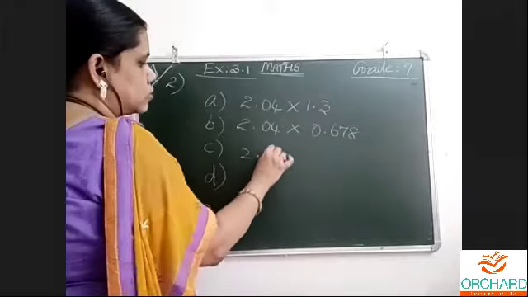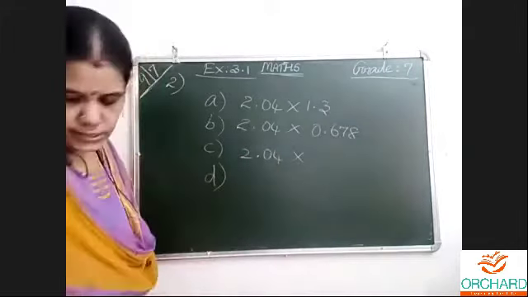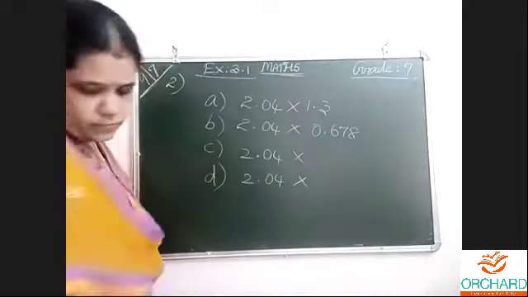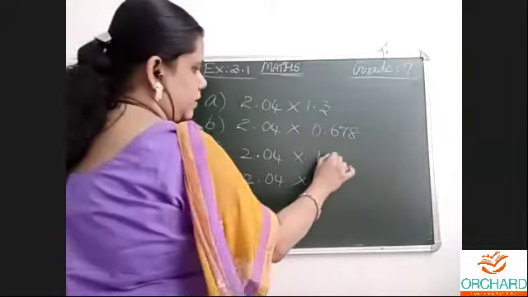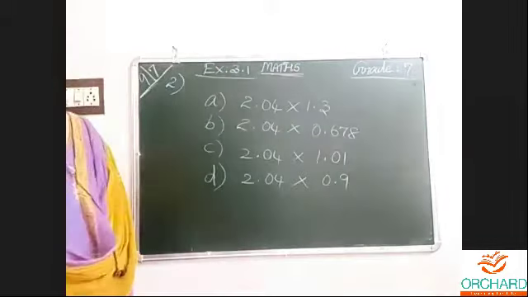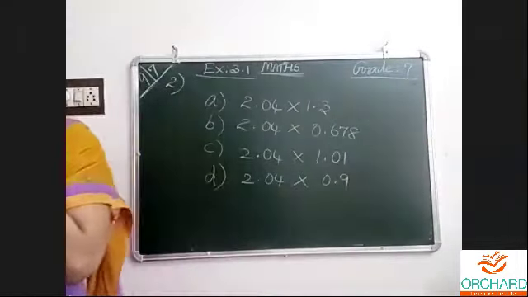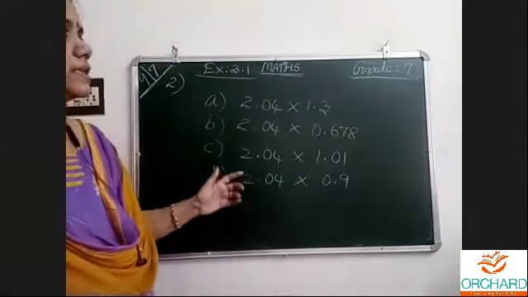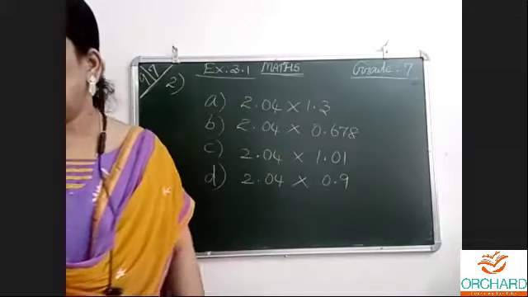You can see this 2.04 only is repeatedly there. 1.3, 0.6, 1.01, 0.9. If it is greater than 1, how is the product? If it is less than 1, how is the product?